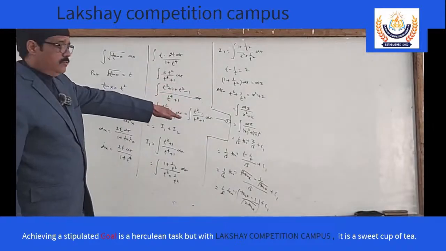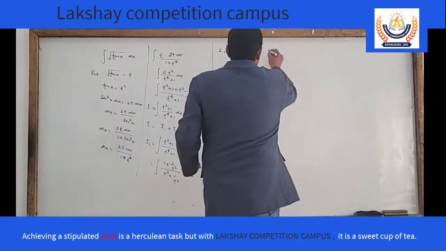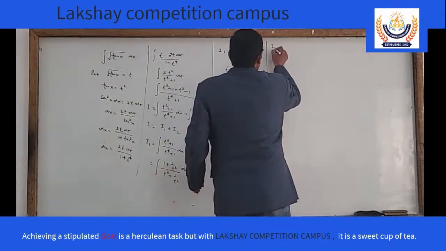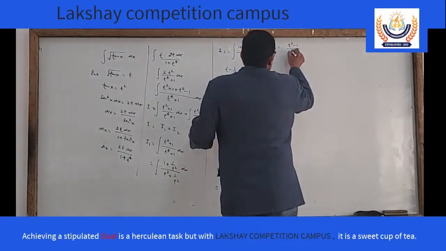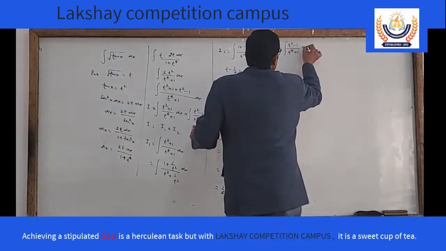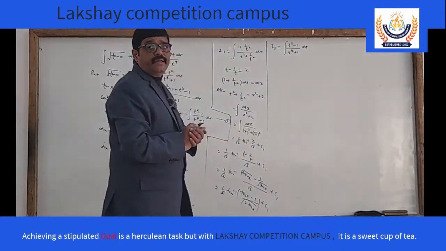Now we have I2, the integral of (t² minus 1) by (t⁴ plus 1) dt. Again we use the same trick.